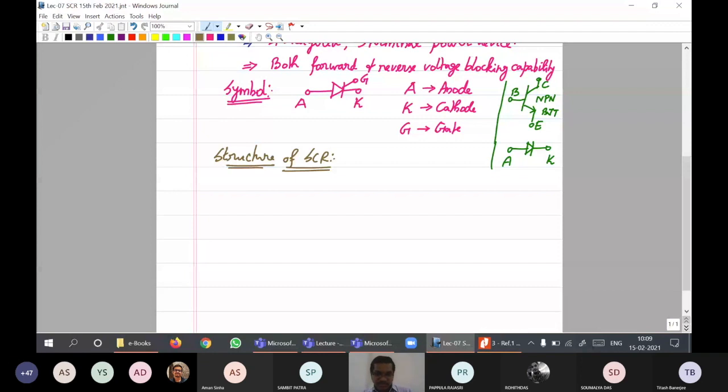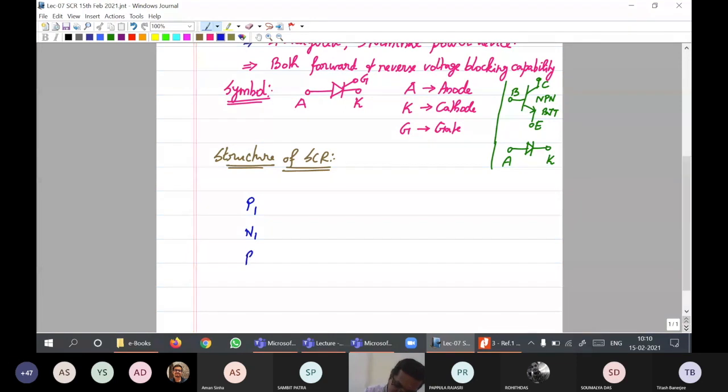Obviously, there will be some layers of certain width, certain doping levels. So I will draw the structure alone, generic 4-layer structure, and then I will denote by the side the text that you need to refer. So kindly refer to the textbook. So structure of SCR, as I had mentioned earlier, it has got 4 layers, and we name those 4 layers as PNPN.